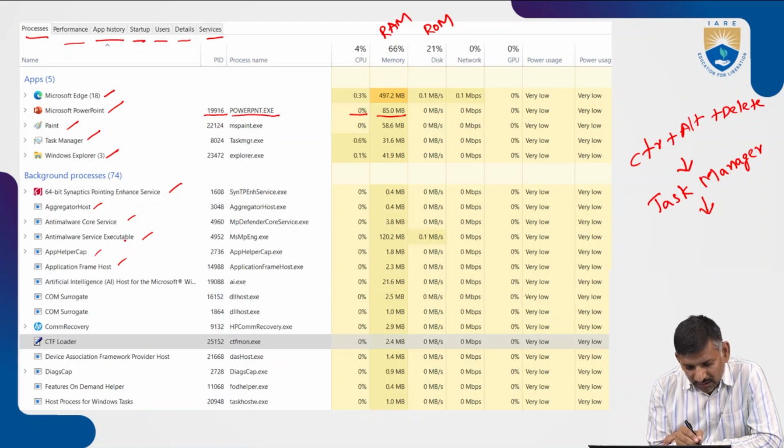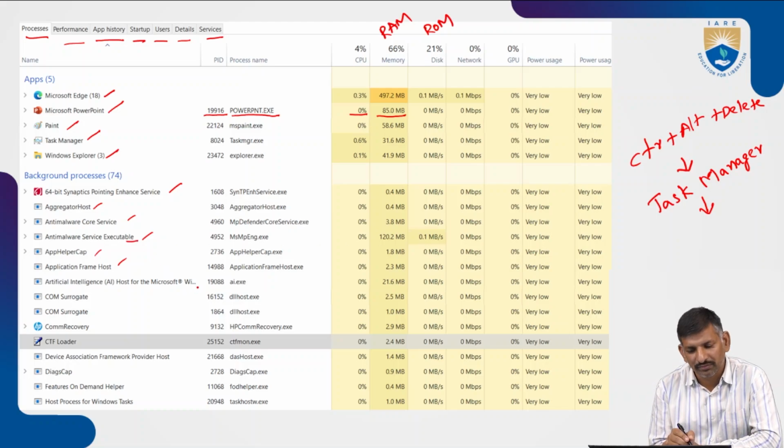Look at the anti-malware service executing. Among the remaining processes, Microsoft utilized 0.3% of the CPU, Task Manager utilized 0.6%, and Windows Explorer utilized 0.1%.